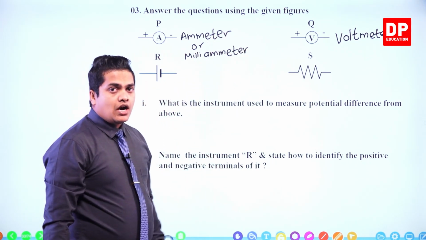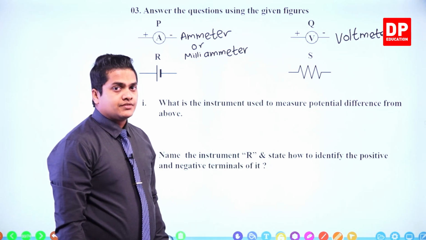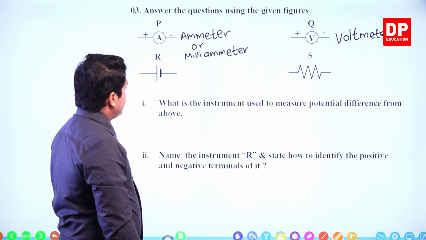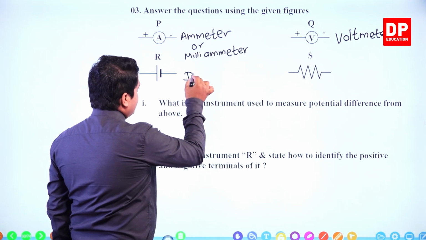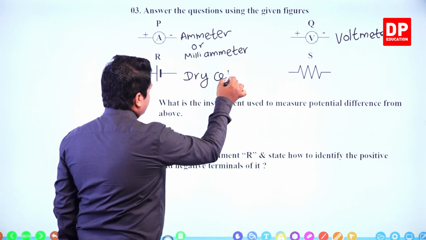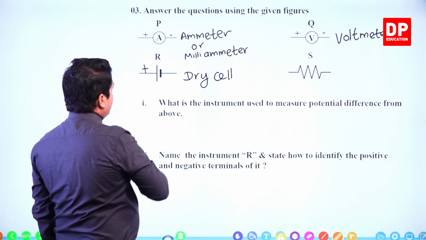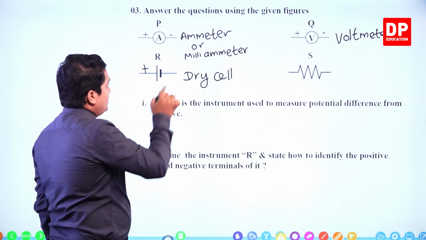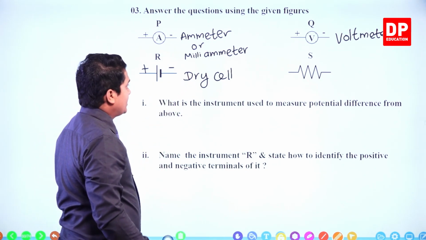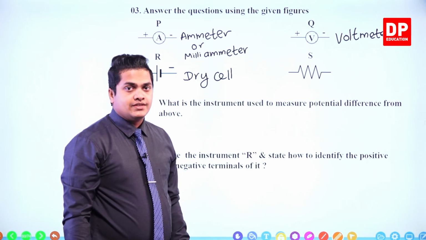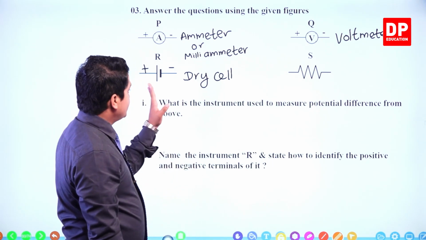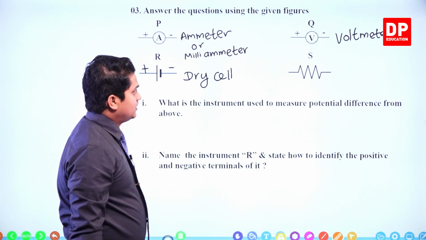So the third one, R. What is R, my dear children? R is the dry cell. The longer terminal is the positive terminal, shorter terminal is the negative terminal, usually in a dry cell. So this is the circuit symbol for a dry cell.